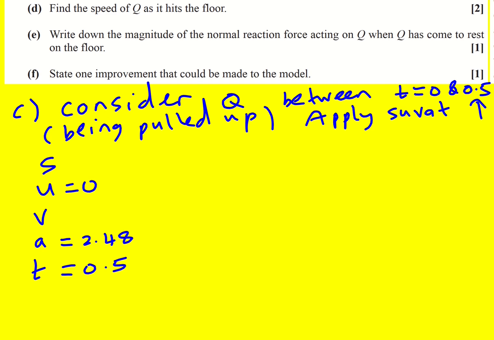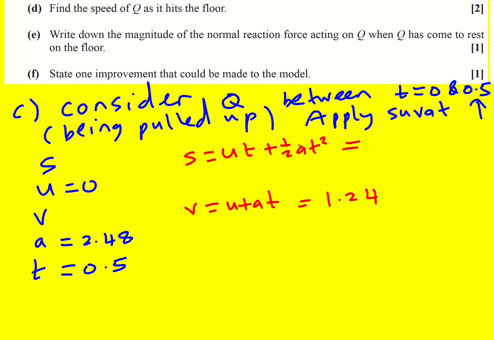So I can use v equals u plus at to calculate the final velocity. And that's just going to be 0 plus a half of 2.48. So it's going to be 1.24. Okay, so that's quite useful. And s, I can use any of them now, basically, that involves s. s equals ut plus half at squared seems a good shout.